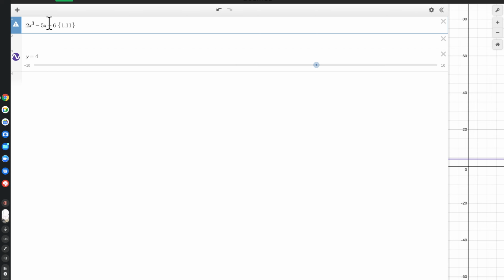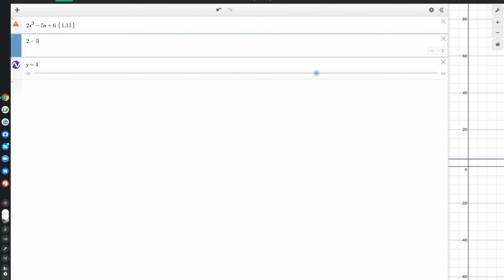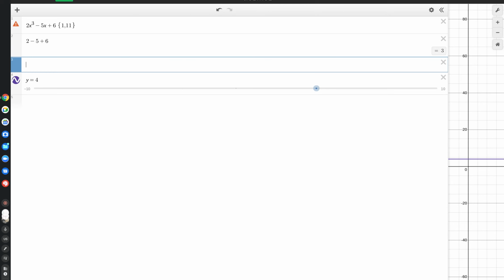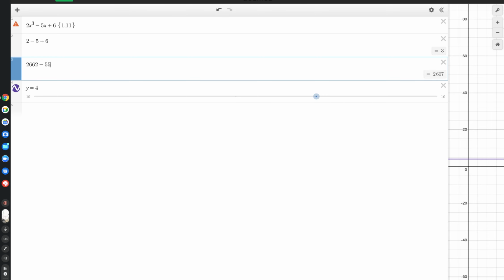So now what we have to do is take the functional values. Let's take it at x equals 1. So 2 minus 5 plus 6 equals 3. Let's take it for 11. 2,602 minus 55 plus 6.